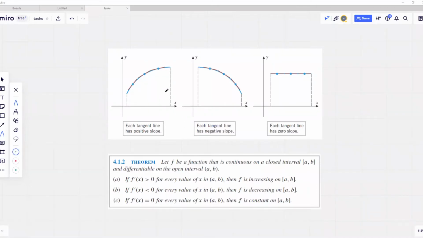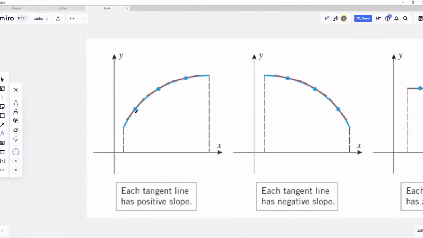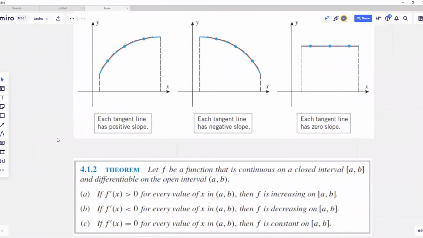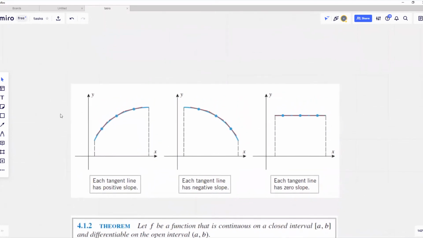On the first graph here, we see an increasing function, and if we pay closer attention to the derivatives, or slopes of tangent lines to that function in that interval, we see that all slopes of tangent lines are positive, suggesting that if our function has positive slopes of tangent lines for all x in some closed interval, then this function is going to be increasing on that closed interval.